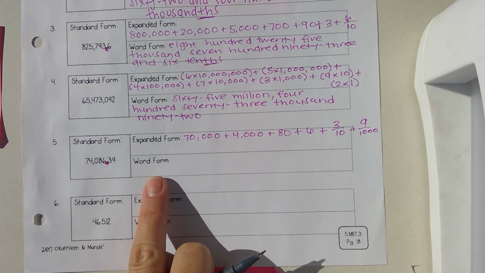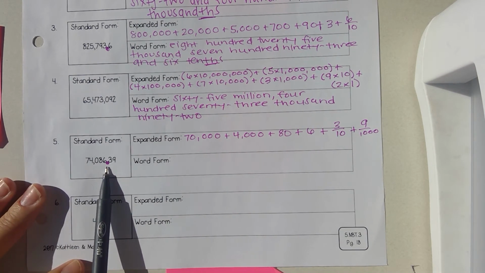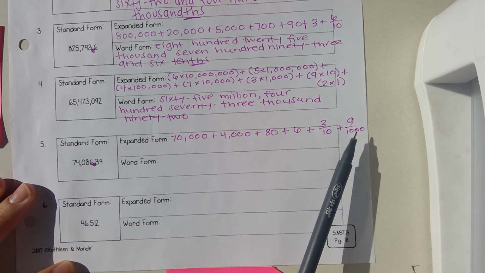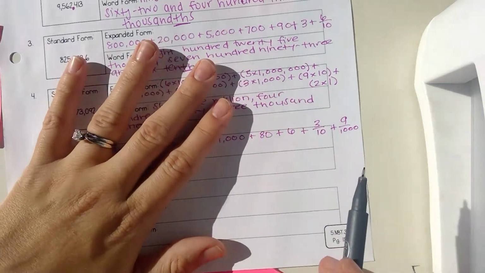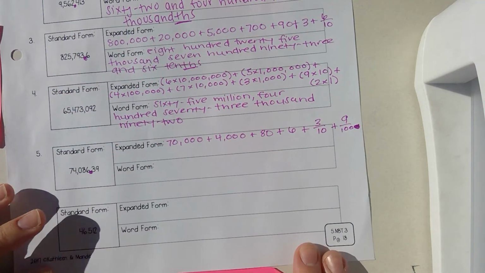Next, we're doing word form, which we write it exactly how we say it. So 74,086 and 39 hundredths. Ooh, I caught myself just now. So this is supposed to be 9 hundredths, not 9 thousandths. Sorry guys, we all make mistakes. So actually this should be 9 hundredths.